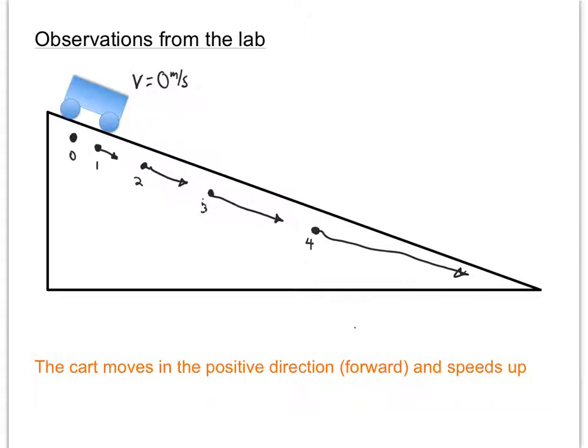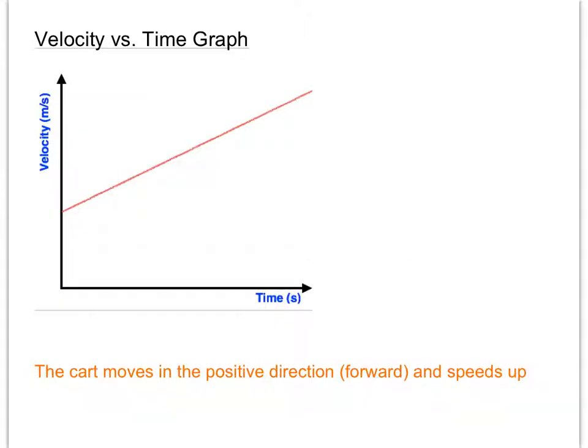And what we're going to be talking about in the screencast is how we show this in our different representations: position time graphs, velocity time graphs, and motion maps. Alright, so I believe that the easiest way to think about something speeding up is to first look at a general velocity versus time graph where something's velocity is increasing and it's moving in the positive direction.